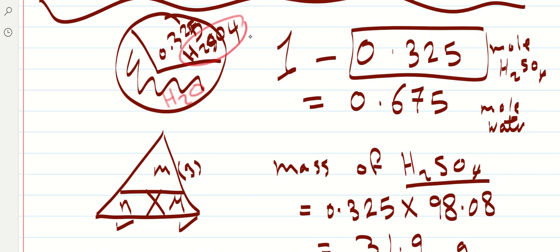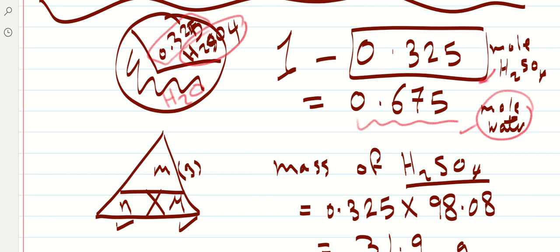The sulfuric acid is 0.325, and the water I don't know, but I know that both of them make one whole. But I can say 1 minus 0.325, so the mole fraction of water will be 0.675. So from knowing the mole fraction, I can know the mole of water and the mole of sulfuric acid.